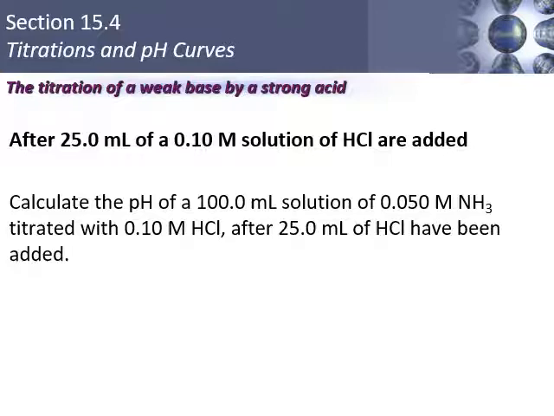All right, so now it gets a little harder. After 25 milliliters of 0.1 molar solution of HCl are added, what we'll have to do is change this to 0.025 liters and multiply that times 0.1 moles per liter to get the number of moles of HCl we've added.